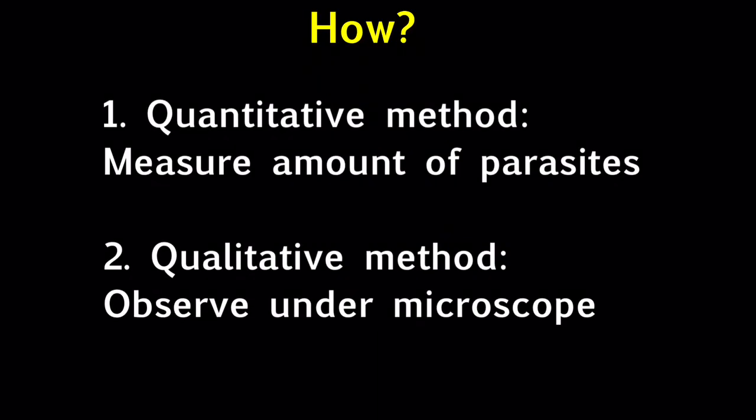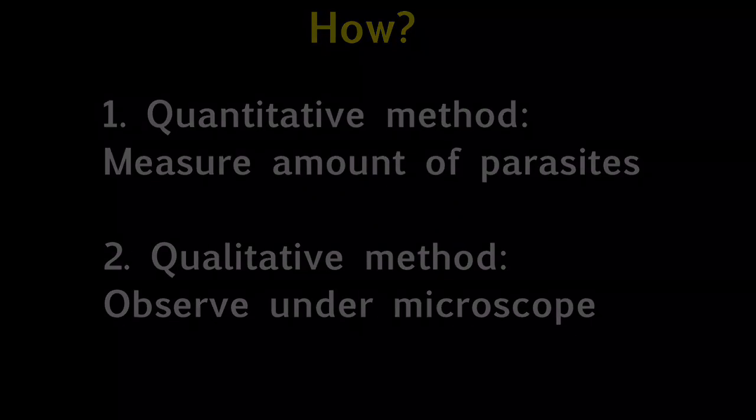How is coproscopy done? There are two methods, which are the quantitative and the qualitative methods. The quantitative method involves measuring the concentration of parasites in the stool, whereas the qualitative method involves observing the stool sample under a microscope.